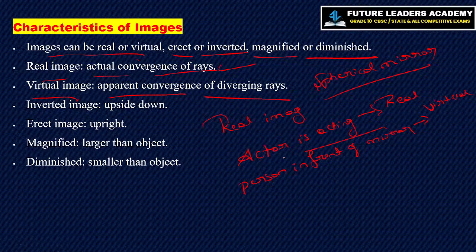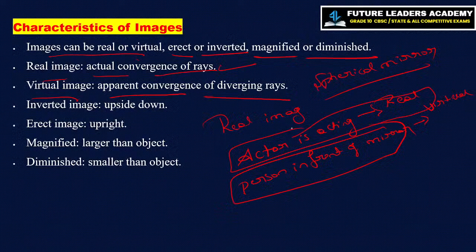Because inside the mirror, what the image is forming is not really me, not my body. What I'm showing, the actions and all the things. But the actor is acting in the movie. In the movie, that actor only acted, right? Not his image. That is what I want to confirm to you, what is a real image and what is a virtual image.